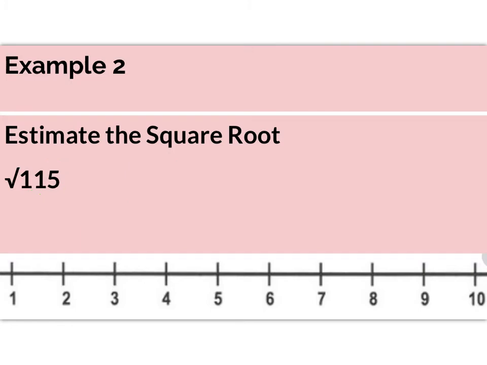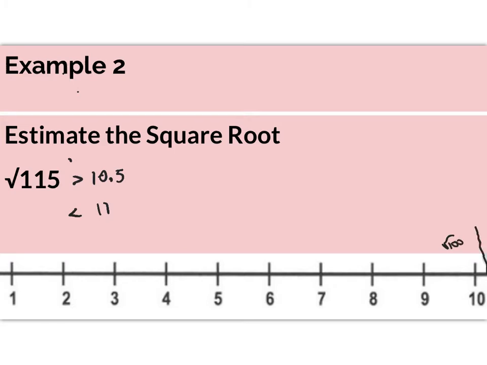So from the previous page, we estimated that the square root of 115 was bigger than 10.5 and smaller than 11. So 10 is all the way at the end of our screen. The square root of 100 equals 10.